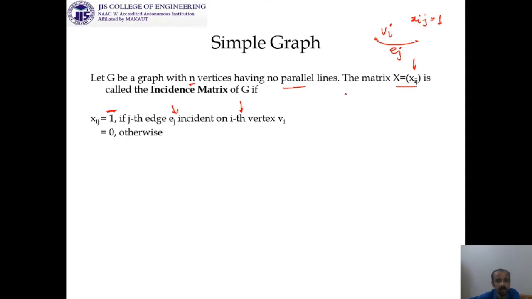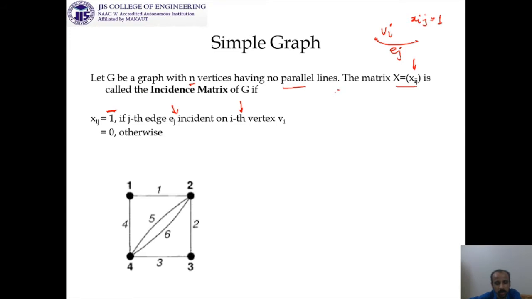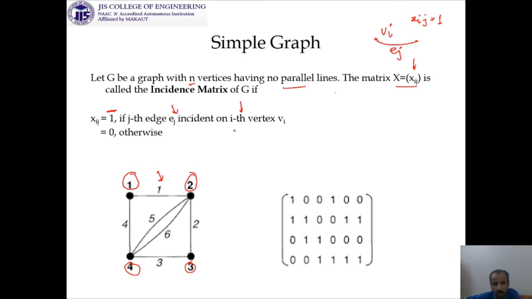So let us take an example. Here we have one graph whose vertices are denoted by bold 1, 2, 3, 4 and the edges are denoted by 1, 2, 3, 4, 5, 6, which are not bold. The construction of the matrix gives us this instruction. Look at this: how many rows? 4 rows are there.